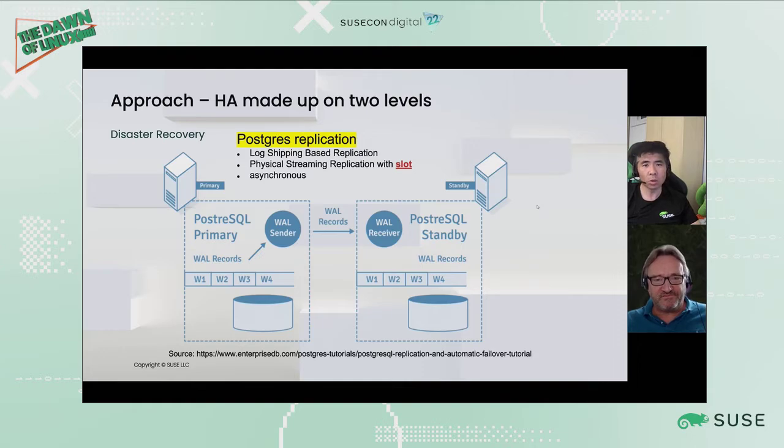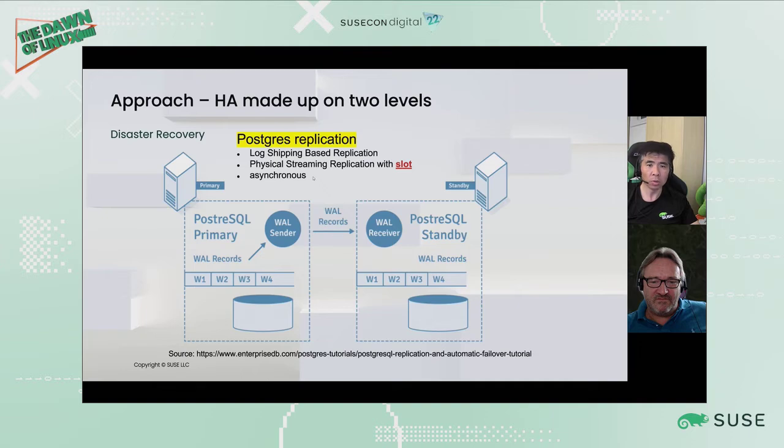So let's talk a bit about what exactly that replication mechanism in the Postgres database is. To be very precise, we are using a log shipping based replication. It's called in Postgres language physical streaming replication with replication slot in asynchronous mode.